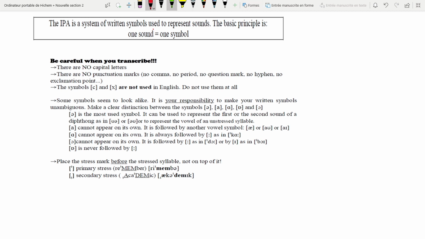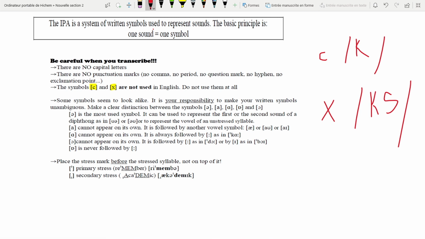Okay, and these two symbols here, excuse me, these two symbols here do not exist in English, right? In English, when you find this, it's transcribed this way. Okay, it's a k like ka. When you find this, it is transcribed this way. It's a kiss. Okay.